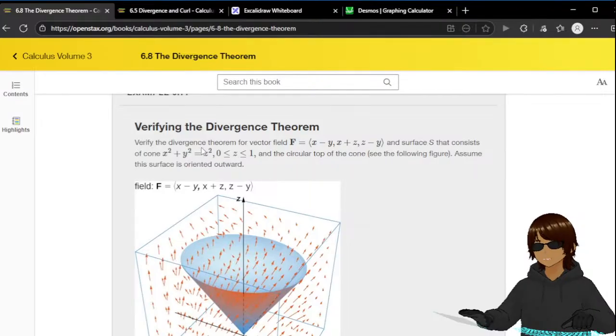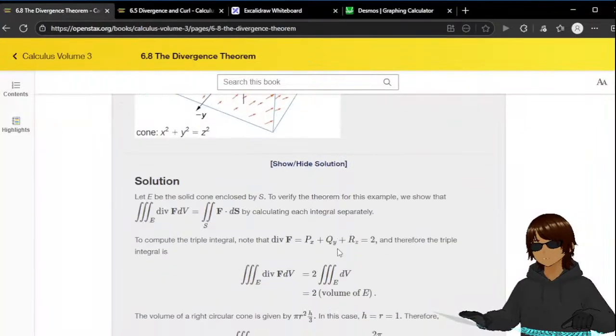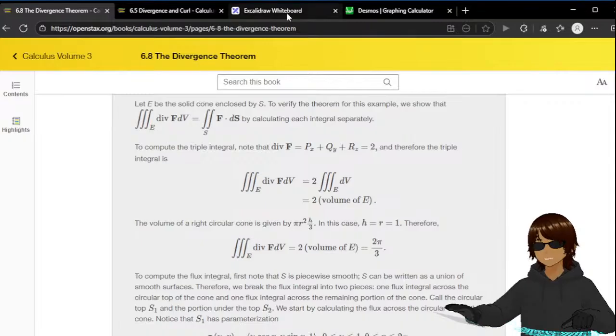When z is 1, what is x and y? z being 1 is the height, and that's also the radius. So the volume is just 2 pi over 3. Yeah.